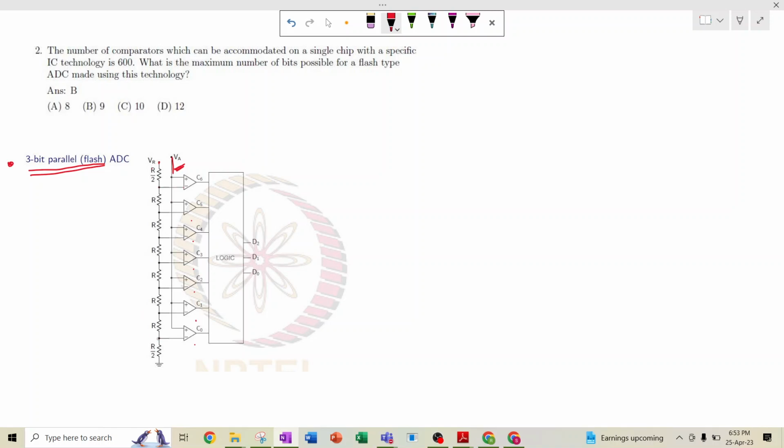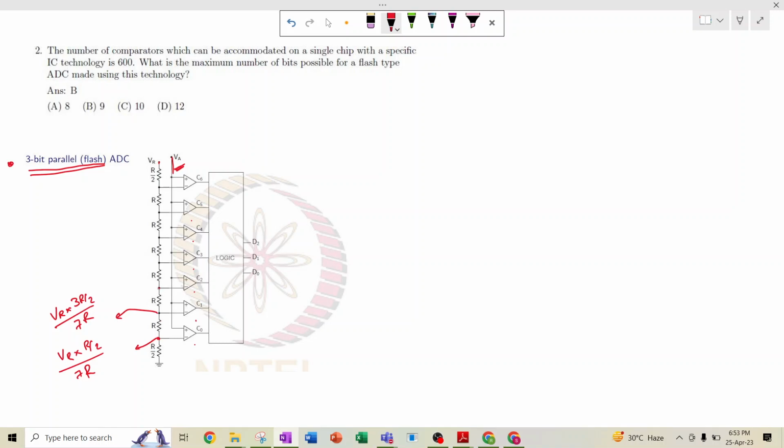So what will be the value of VR here? If we do the simple voltage divider rule, it is VR into R by 2 divided by the overall resistance, that is 1 2 3 4 5 6 R and 7 R. So this is 7 R. If we want to calculate the next value, it will be VR into R plus R by 2, that is 3R by 2, divided by the total 7R.